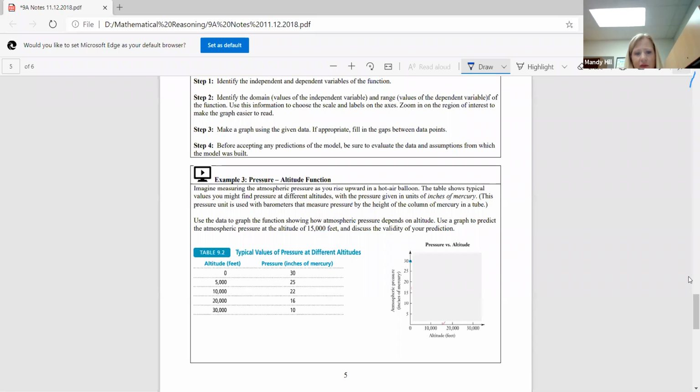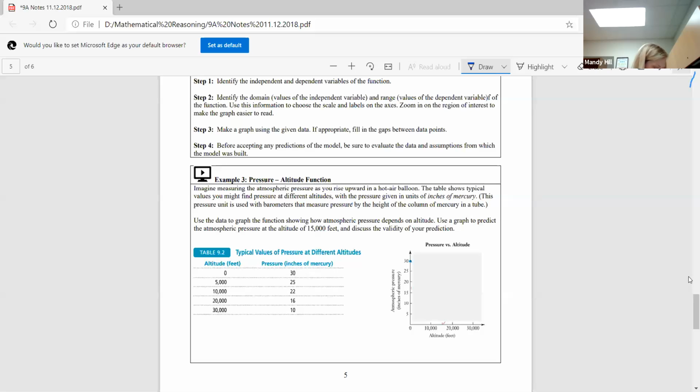Use the data to graph a function showing how atmospheric pressure depends on altitude. Use the graph to predict your atmospheric pressure at the altitude of 15,000 feet and discuss the validity of your prediction. Okay? So this is one of my favorite parts of mathematics. It's being able to make predictions about things, because it's so valuable to us as humans to be able to do that.